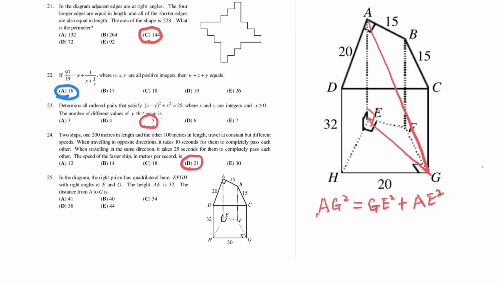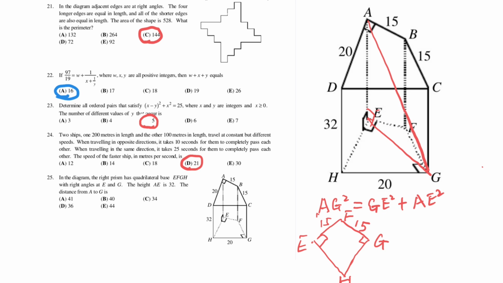So we draw the graph of the base. I draw it like this: E, F, G, H. So AB equals EF, that's 15, and BC equals FG, still 15.